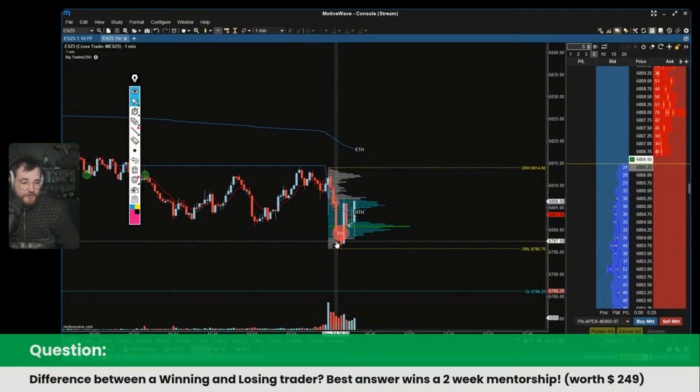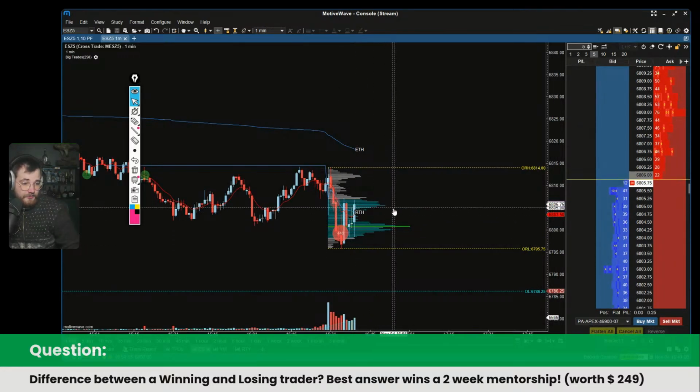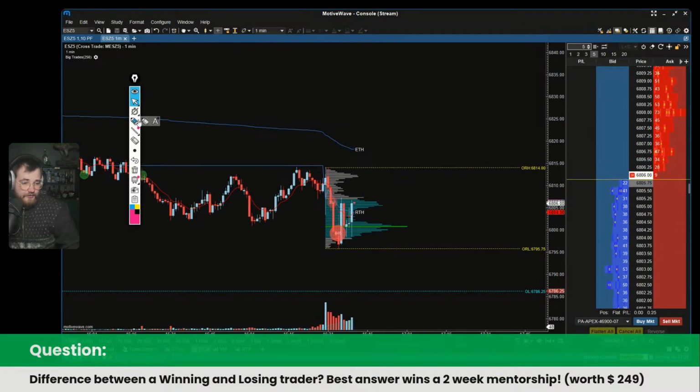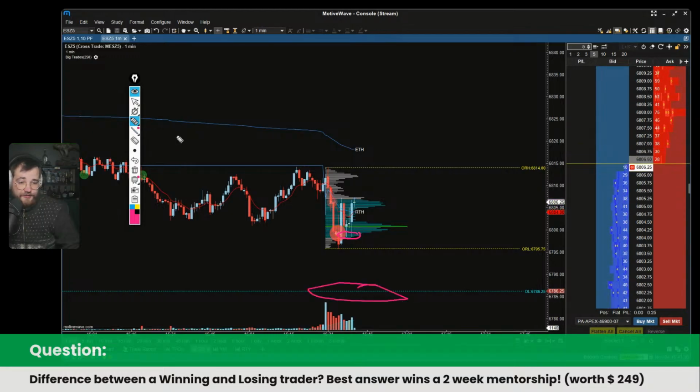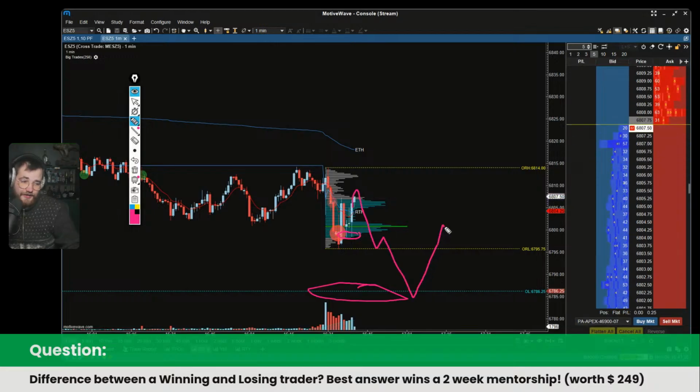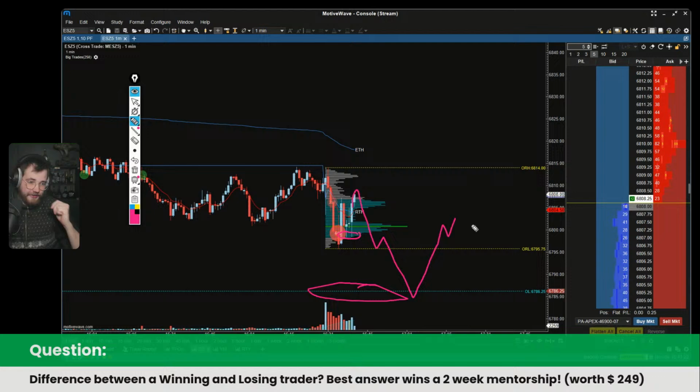Yeah, looking like the buyers are in control, like I said. But right now, this is not a very clean low either, or like a micro low. And we do have the overnight low as well here. So it could just be like a push down, continuation, overnight low, back to value. But we'll see.